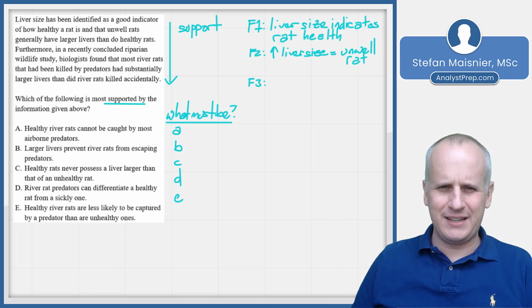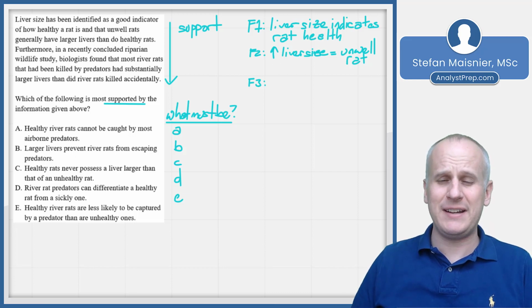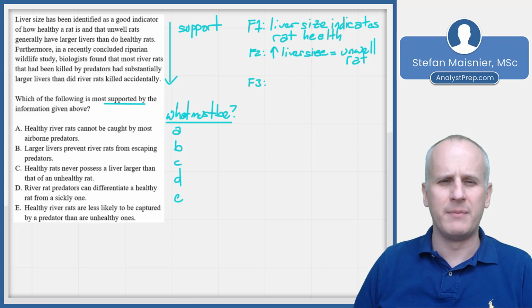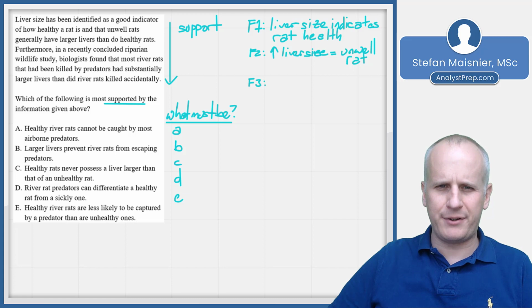Furthermore, in a recently concluded riparian wildlife study, this is one of those words where you're like, if I know what it means, great. If you don't, don't even worry about what kind of wildlife study it is. Just say riparian, or even shorthand it in your head as our wildlife study. I'm not going to get into that if I don't know what the term means. I'm just going to skip over. So, furthermore, in a recently concluded wildlife study, biologists found that most river rats that had been killed by predators had substantially larger livers than did river rats killed accidentally.